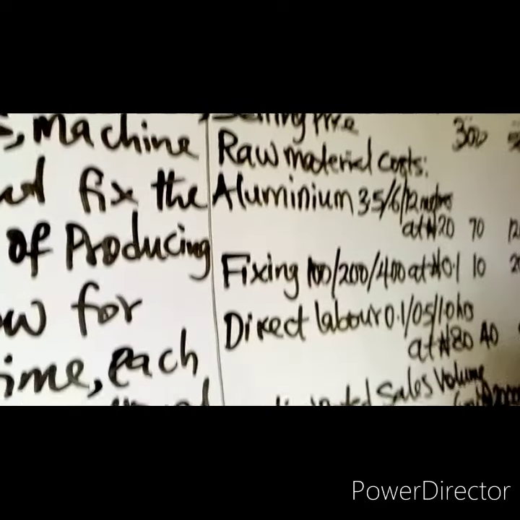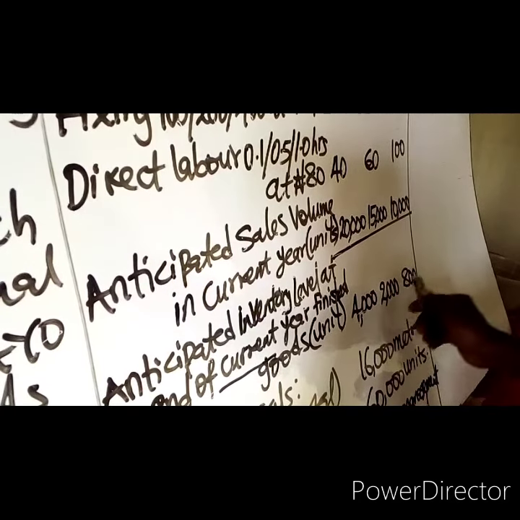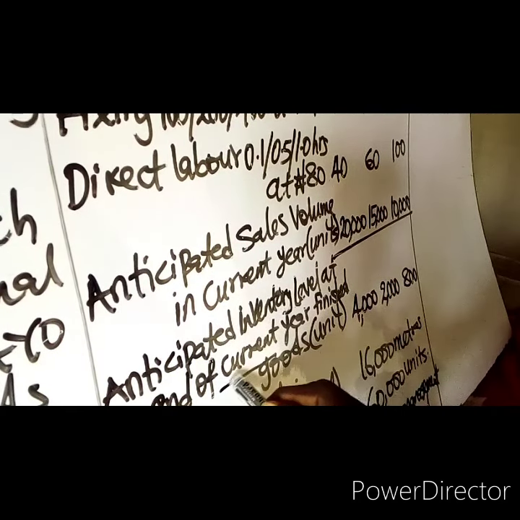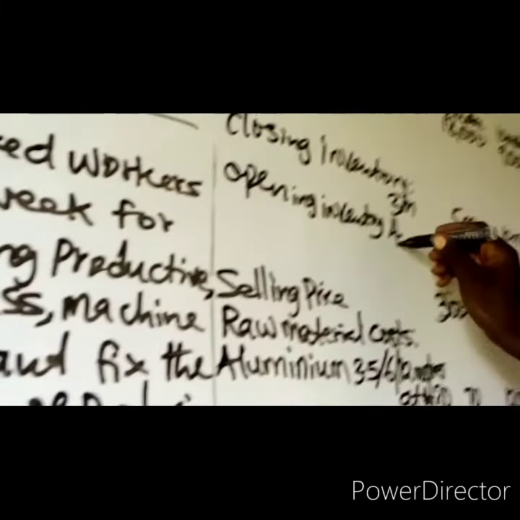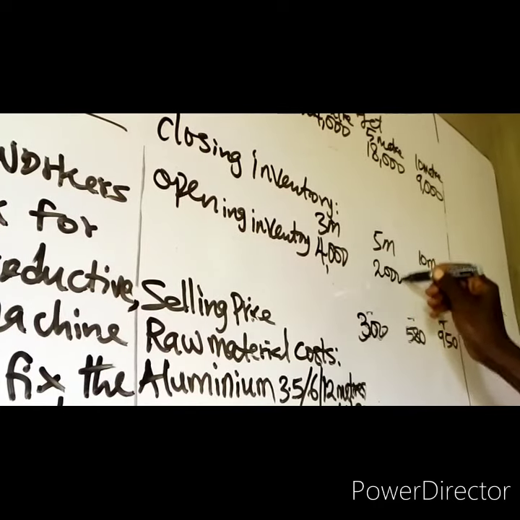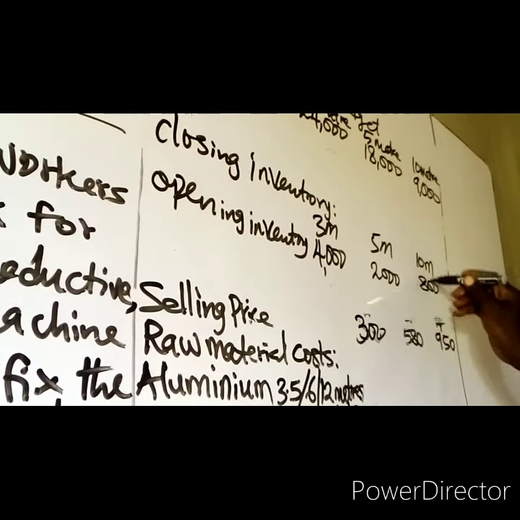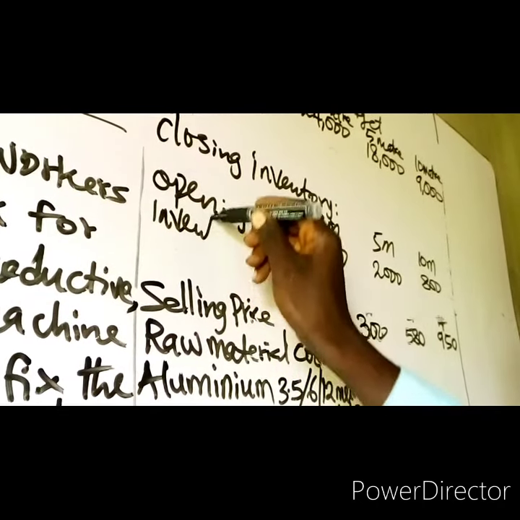You were told the opening inventory of finished goods is 4,000, 2,000 and 800. Then you now have inventory adjustment.